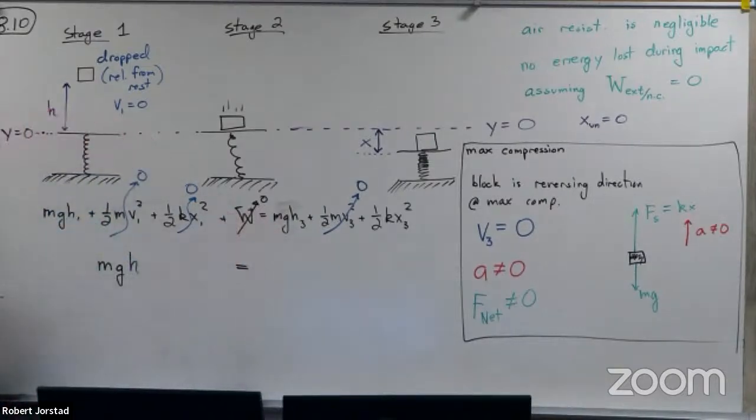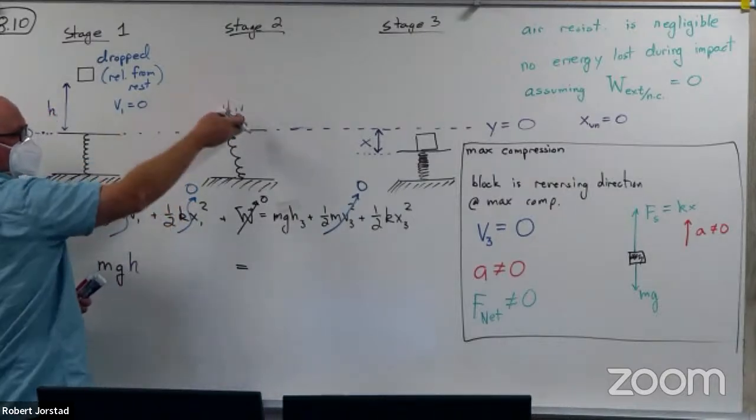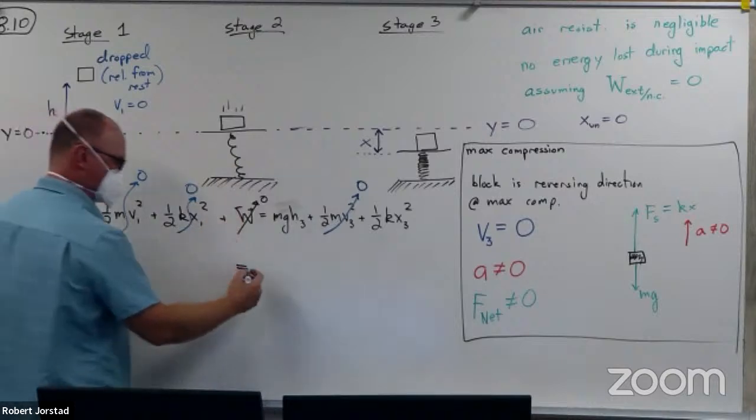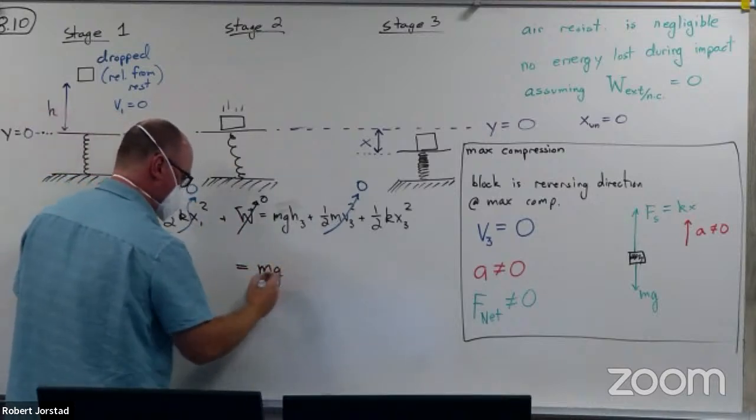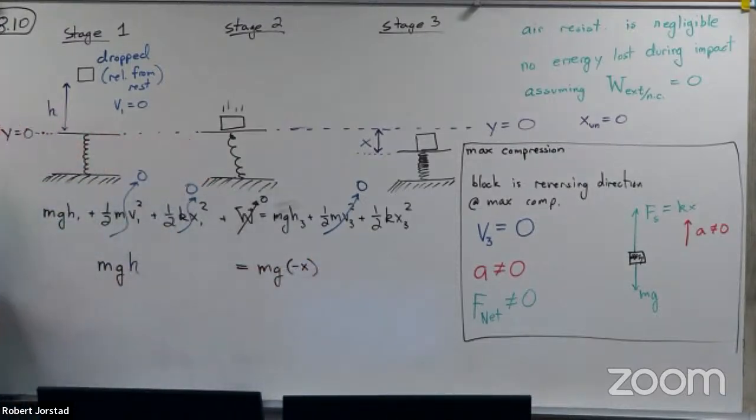What's height 3? Negative x, right? Heights above this level are positive, heights below it are negative. So I should write mg negative x. So that's what happens if we don't choose the bottom of the problem as zero.